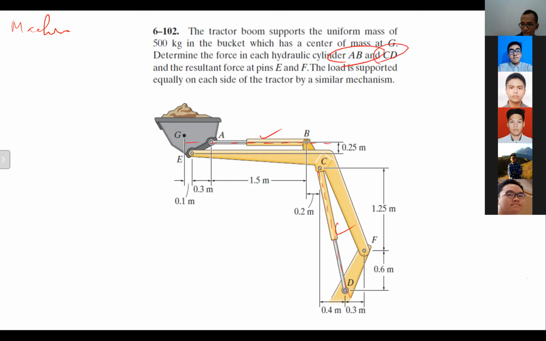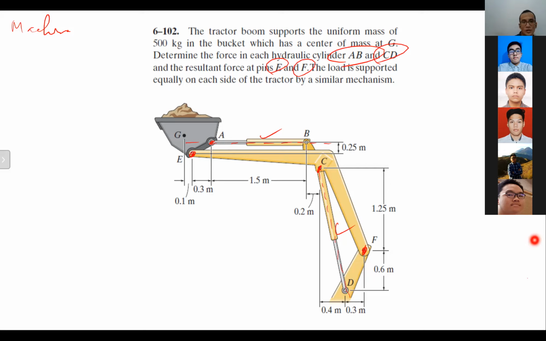So the two external forces, basically, and the resultants at pin E and F. So basically the forces happening here and here we have to find, and the forces happening at E, and F as well, right?